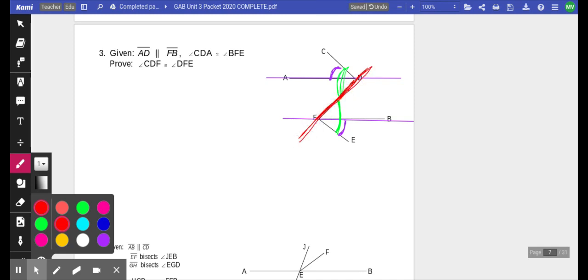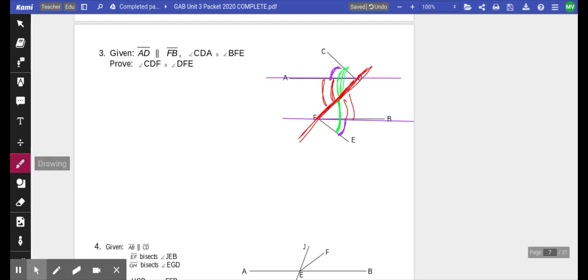So if I have that transversal, and I know those two purple lines are parallel, that means that this angle is congruent to this angle. And then I can add the red and purple together to get the green. So that's the outline of my proof.